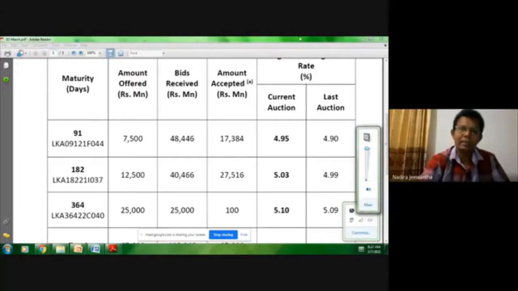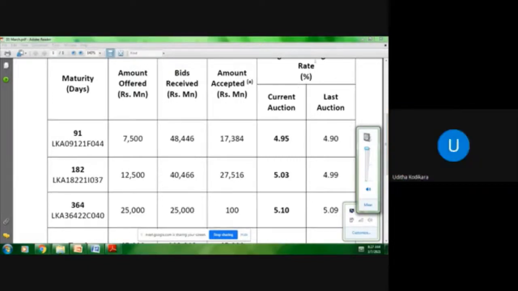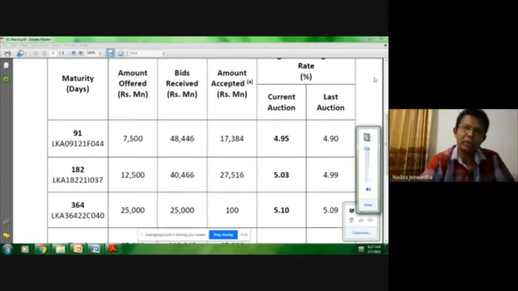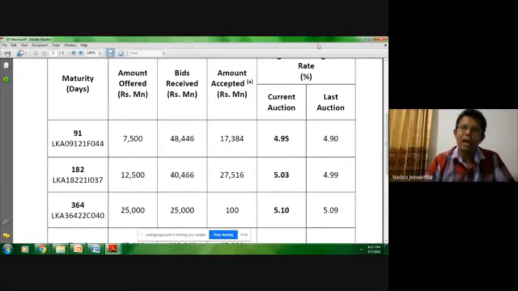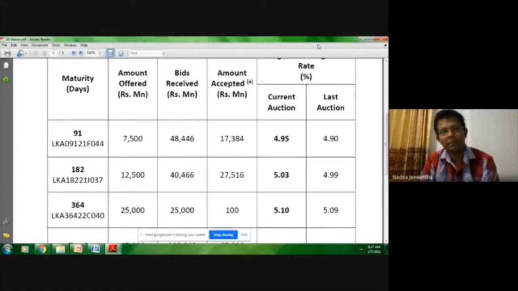So basically, we are expecting the interest rate to remain as it is. Why? The government is expecting credit growth of 14%, and when you are expecting 14% credit growth, you will never increase the interest rate in the country.